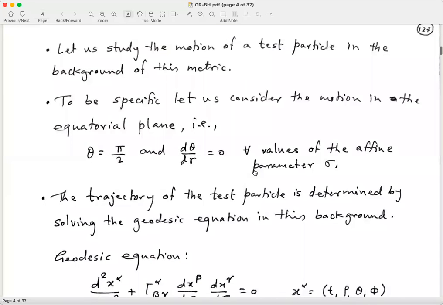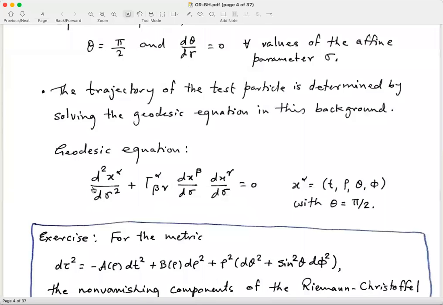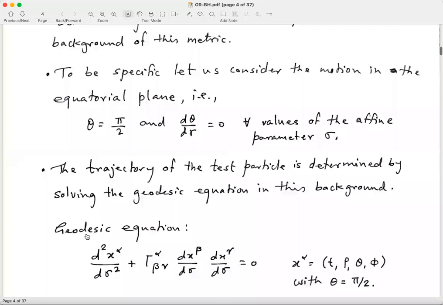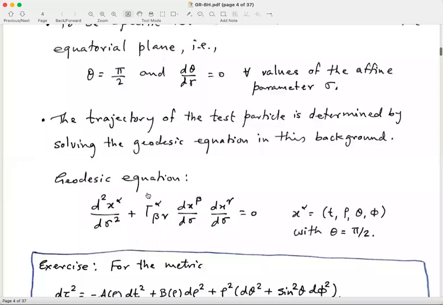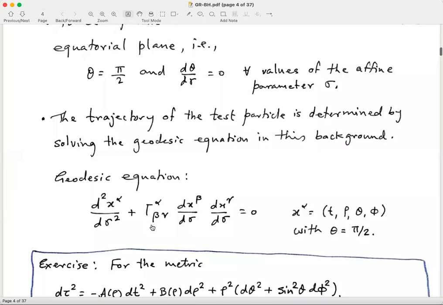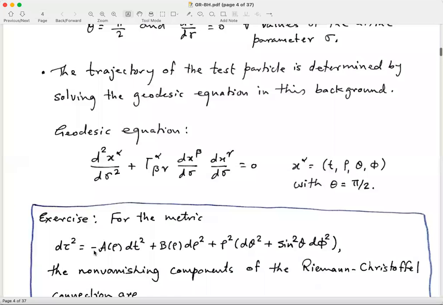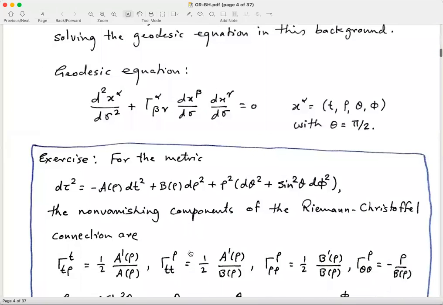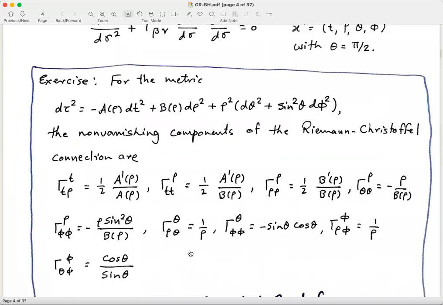So we use that, put it in the geodesic equation, because that is how the test particle would move, where the gammas are determined by using the metric that we have. And in this particular case, we don't really need the explicit form of A and B to compute these gammas. You can just write down formal A and B and compute these Riemann-Christoffel connections.